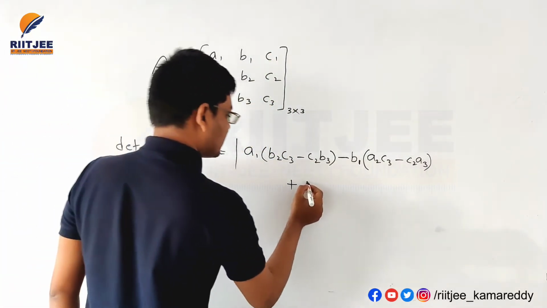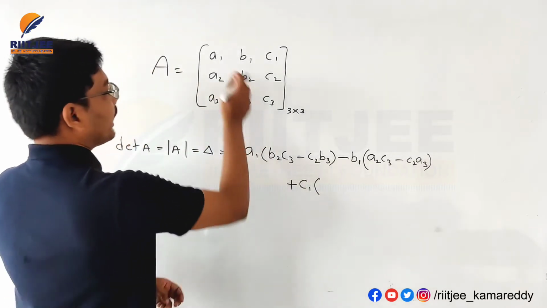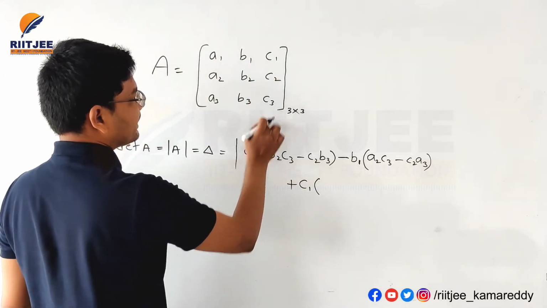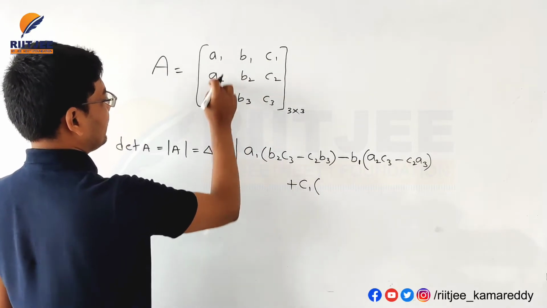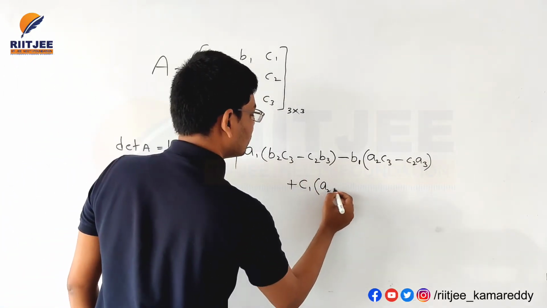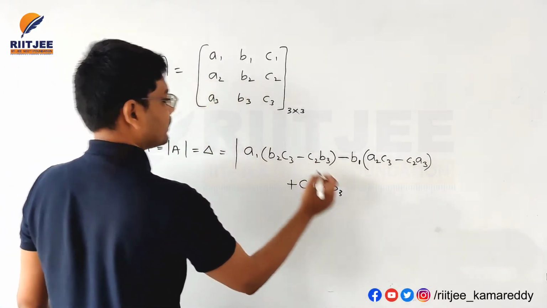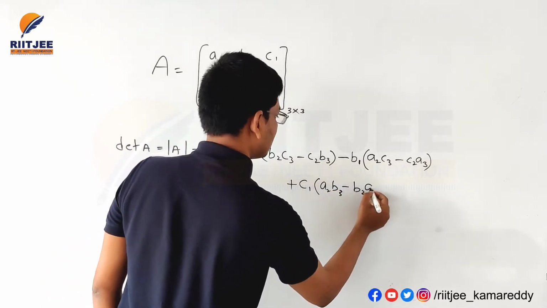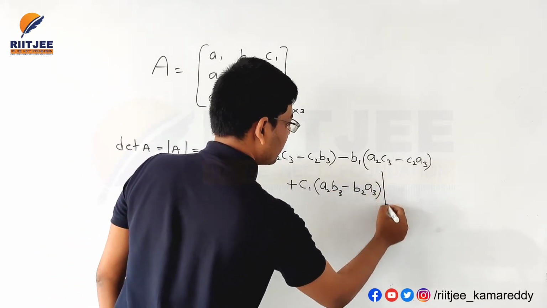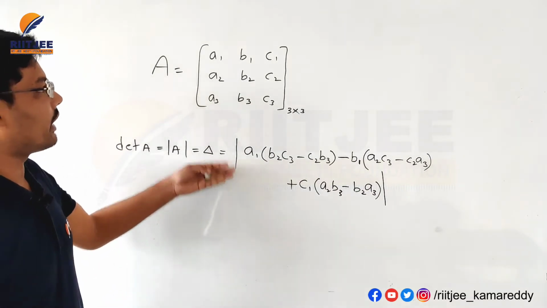Finally, plus c1 into the determinant after eliminating the row and column which have c1: a2 b3 minus b2 a3. This is the final determinant value of a 3 by 3 matrix.